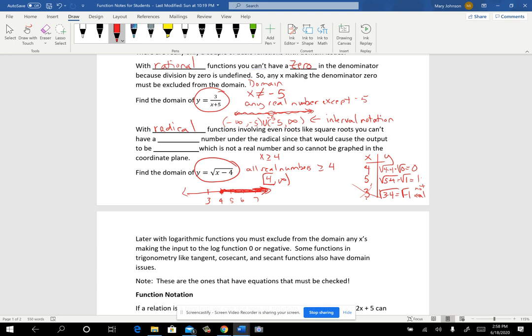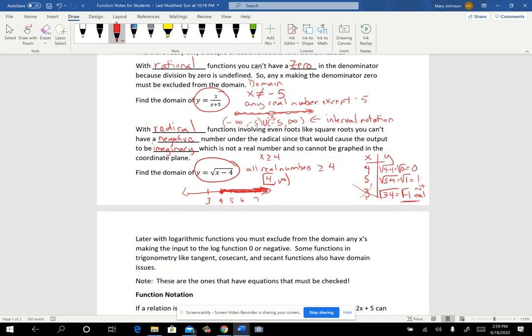Okay? So the deal is with radical functions, if you have an even root, there's a chance you might get an imaginary number. Okay? So with functions involving even roots like square roots, you can't have a negative number under the radical, since that would cause the output to be imaginary, which is not a real number, and so it can't be graphed in a real number coordinate plane.